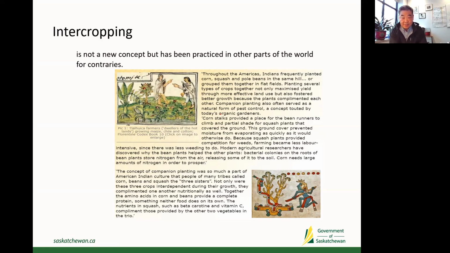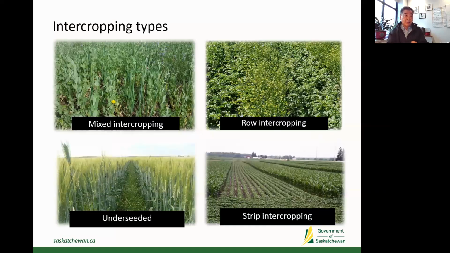Not only were these three crops dependent on each other during their growth, but they also complemented one another nutritionally. Amino acids in corn and beans provide complete protein needs, and the squash supplies beta carotene and vitamin C. So these things are not new, but we reintroduce them.